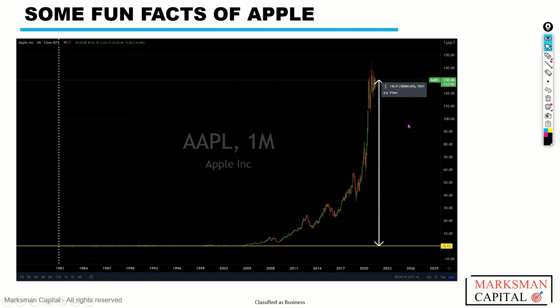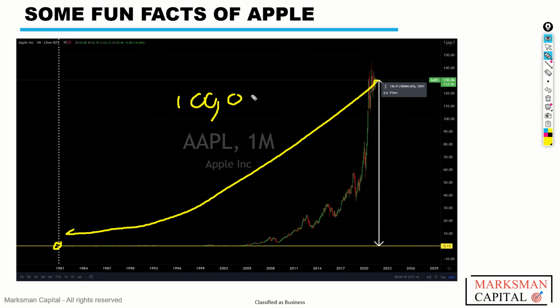So over the past 41 years, Apple has gained around, I think the text is too small right here, so we measured from this point up to this point. It's about 100,000% gains. Wow, that's quite a lot.